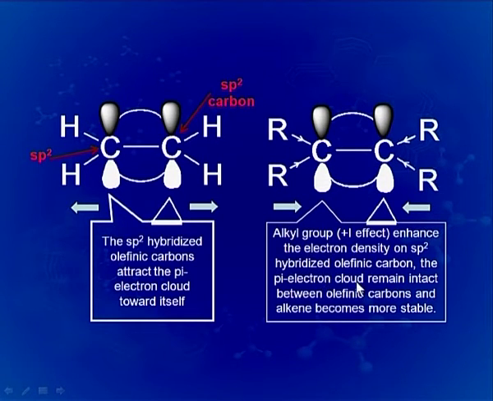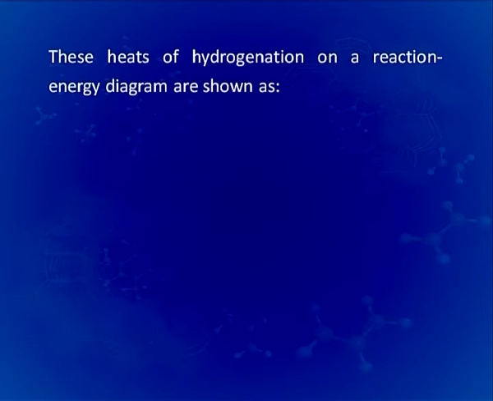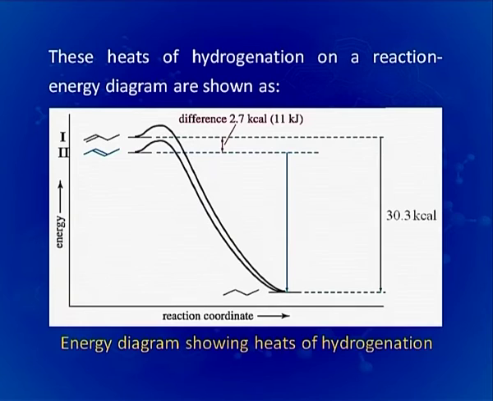The pi electron cloud remains intact between olefinic carbons and the alkene becomes more stable. I repeat, the actual transfer of electrons from alkyl group to the carbon does not take place. These heats of hydrogenation on a reaction energy diagram are shown in the next figure.